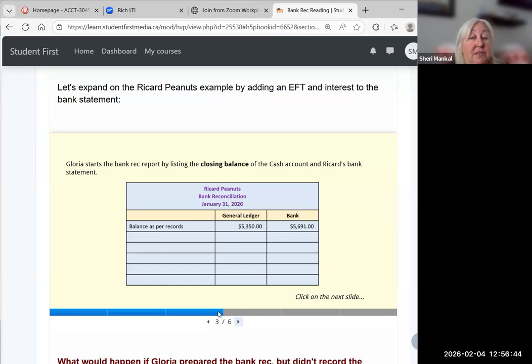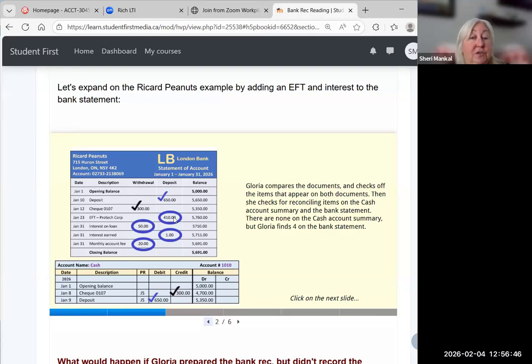So we know that there's a discrepancy because we've circled these 4 items. What we're going to do is go to our journal and journalize those 4 things so that at the end, the total in our cash general ledger will be the same as the total in the bank statement.